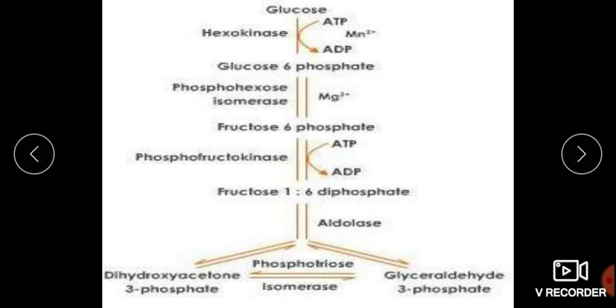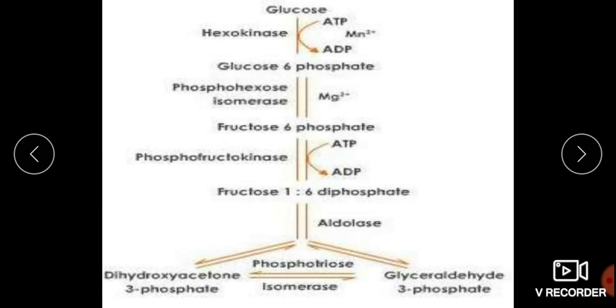These are the 5 steps in phase first, the preparatory phase. Glucose gets converted into glucose 6 phosphate with the help of the enzyme hexokinase. Here 1 ATP molecule is broken down and leads to formation of an inorganic phosphate and an ADP molecule.